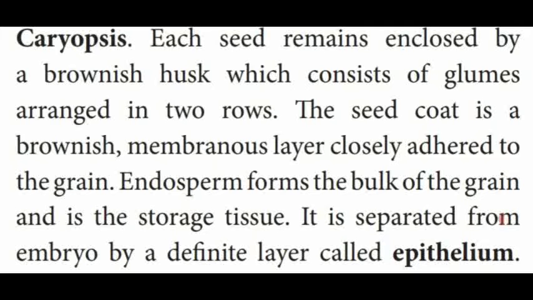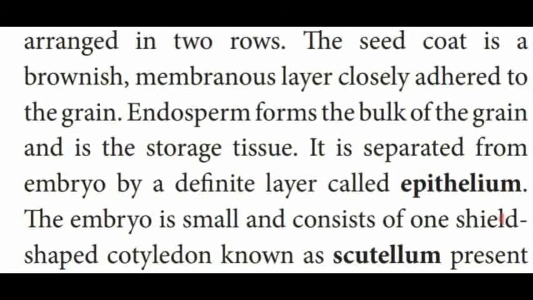These glumes are arranged in 2 rows. The seed coat is a brownish, membranous layer, closely adhered to the grain. So in this rice grain, there is a brownish, very thin, transparent membranous layer closely attached to the rice grain.